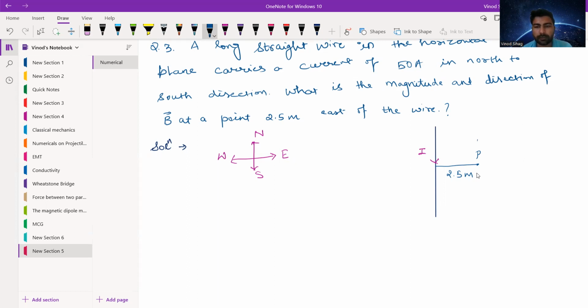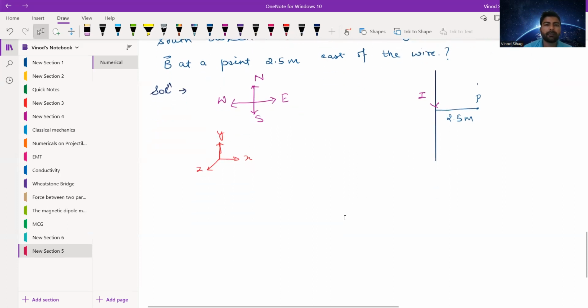We can also say it in the 3D coordinate system. This is the y direction, x direction, and vertically up will be called the z direction. That's how the coordinate system will look.